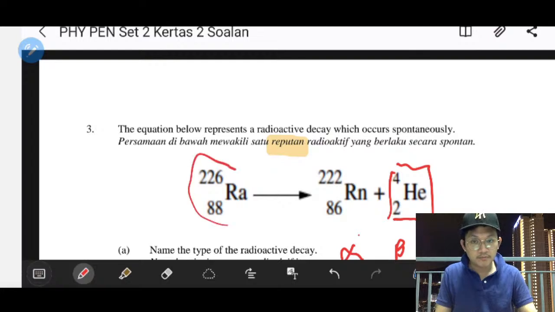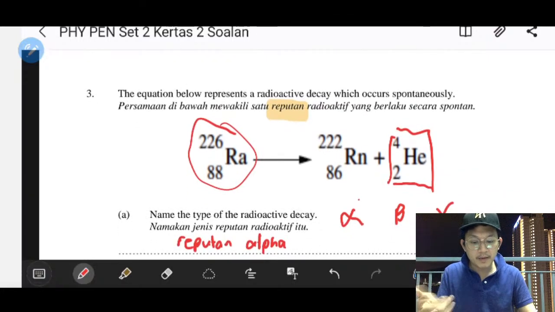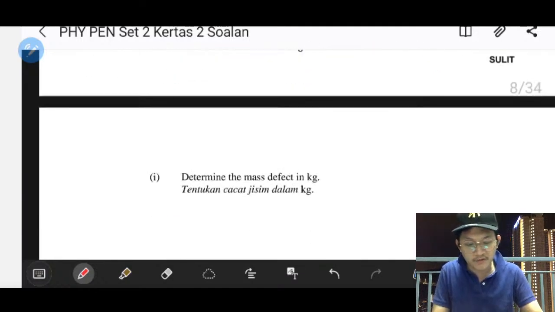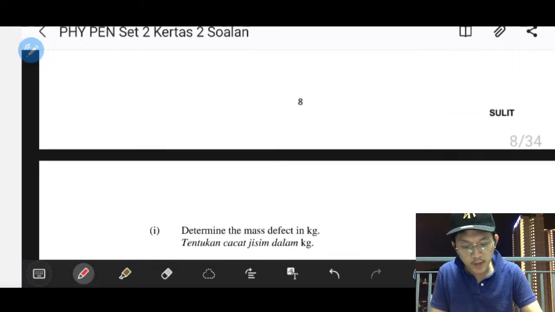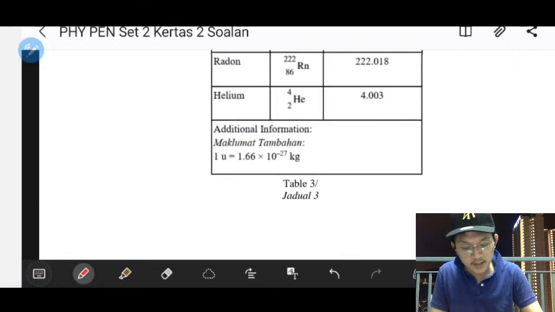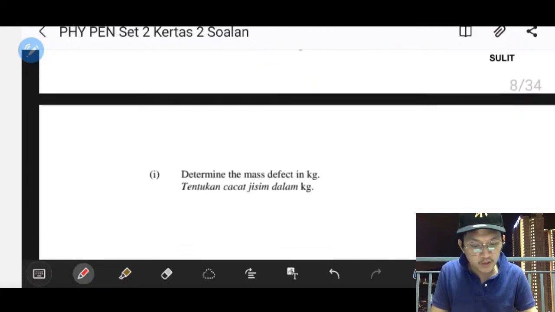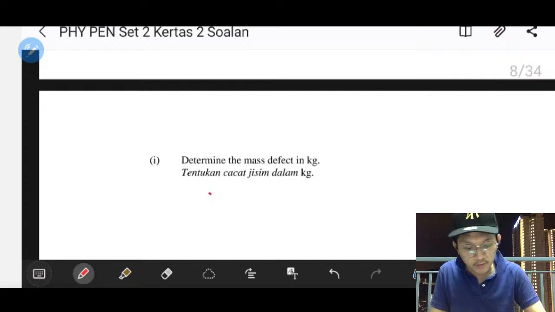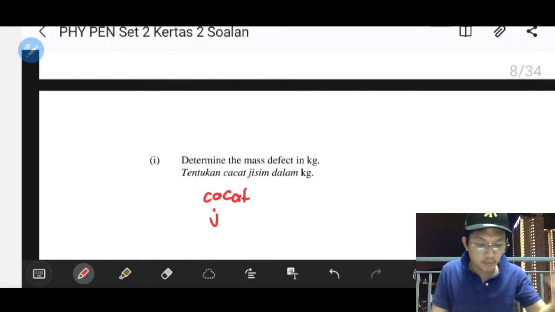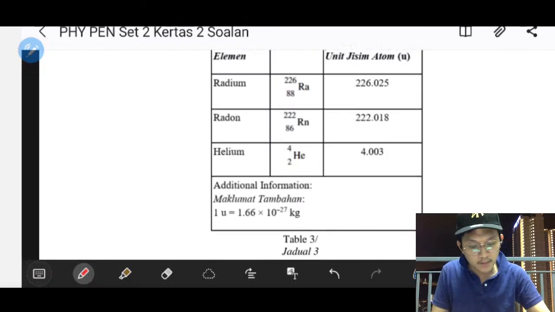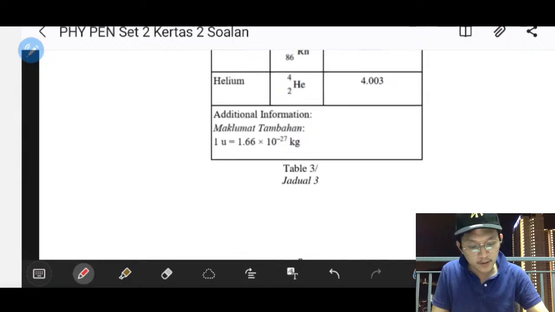So let's go. Dia lebih berat. So you have your Ra, which is 226.025. So you have to have your title. Cacat jisim sama dengan 226.025 minus yang semua kat belakang punya 222.018 plus 4.003.